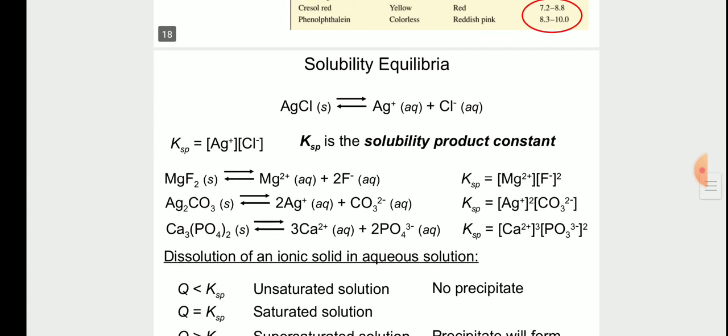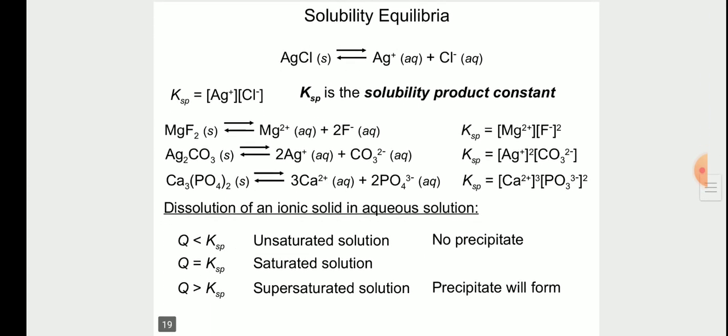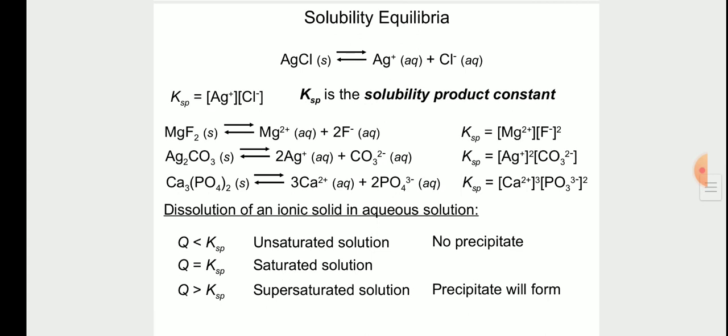Another thing I want to discuss is solubility product. What do you mean by a sparingly soluble salt? It means it is not completely soluble but somewhat soluble in water. AgCl is that type of example.